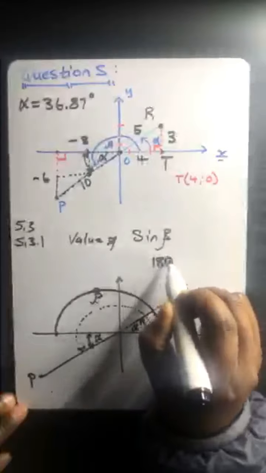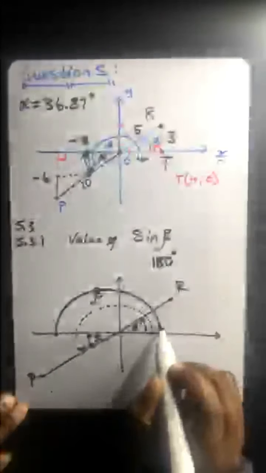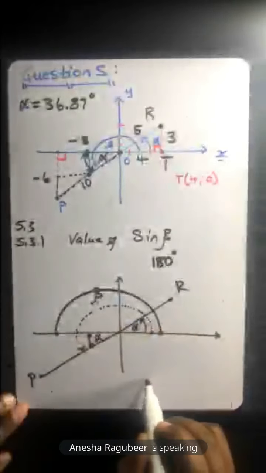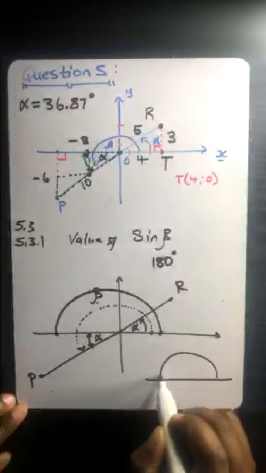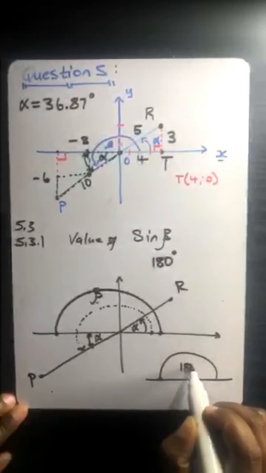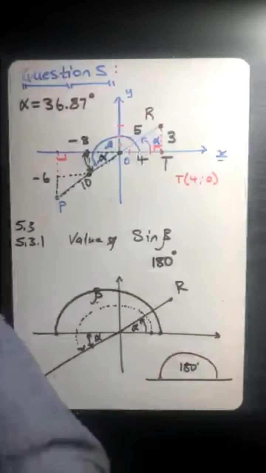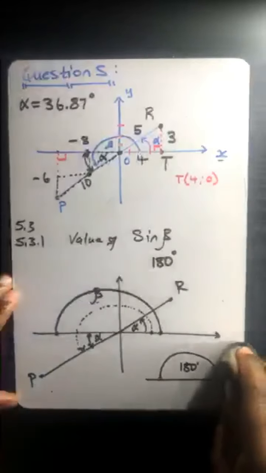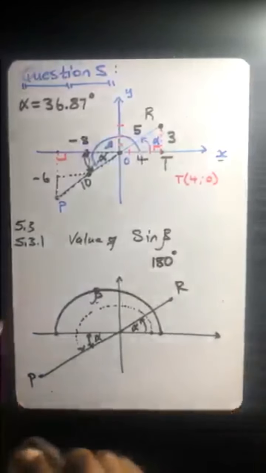Is there someone who also agrees with me when I say from there to there it's 180? Because it's just this. This is 180. Is there someone who agrees with me on that one? Yes, sir, I agree, sir.